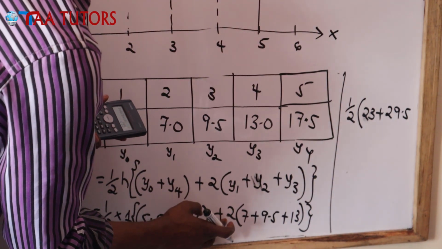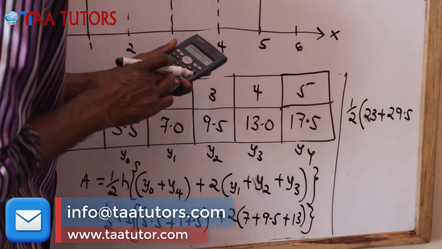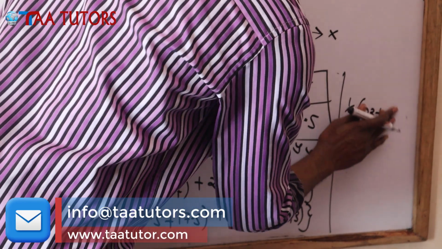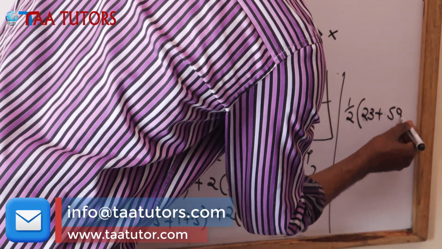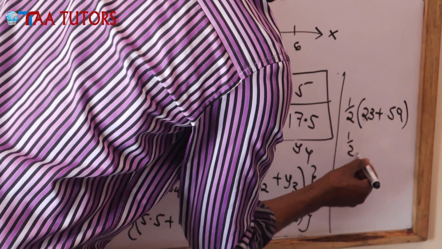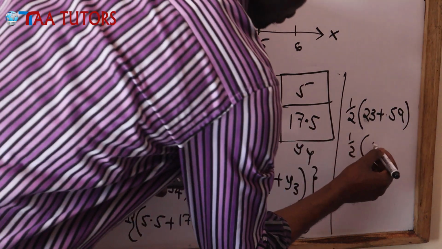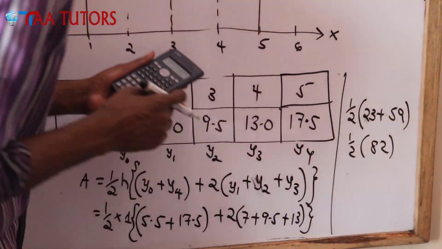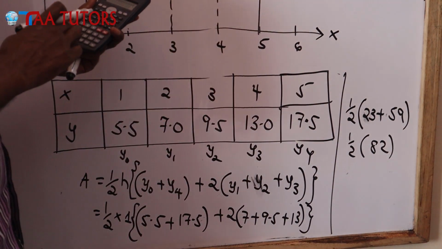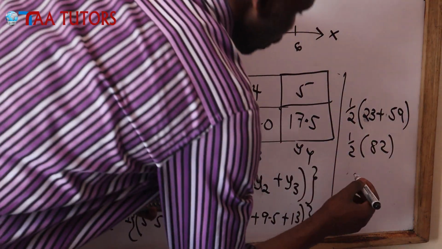Sorry, so it's 29.5 times 2. That is 59. So you have a half times 59 plus 23 is 82. If you have 82 times a half, you get 41.